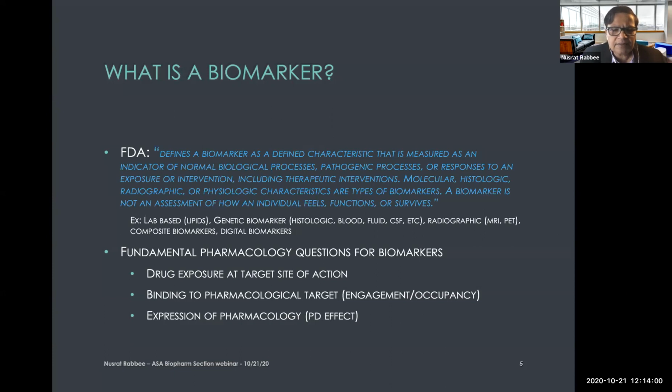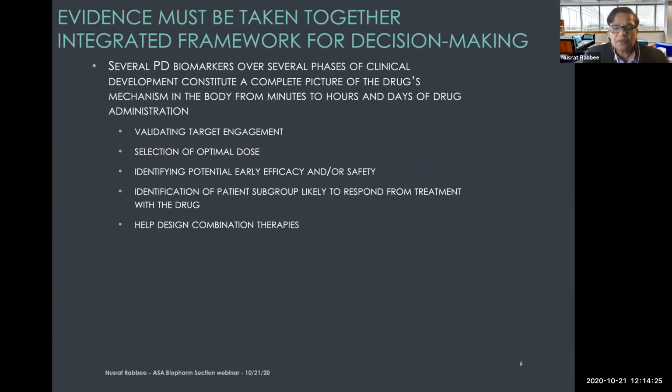And then the last bullet is PD effect. PD is the pharmacodynamic effect of being treated by the drug. It could be a proximal or distal pathway of the target. So basically, PD biomarkers are biomarkers that measure the pathway downstream of the target protein. These are some of the fundamental questions.